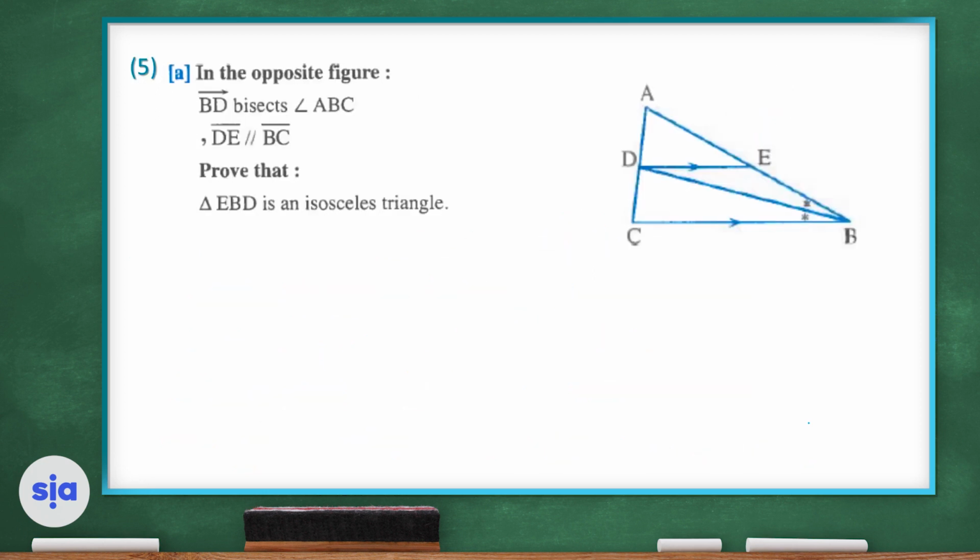Question 5a. In the opposite figure, BD ray bisects angle ABC, where DE is parallel to BC. The question wants us to prove that triangle EBD is an isosceles triangle.